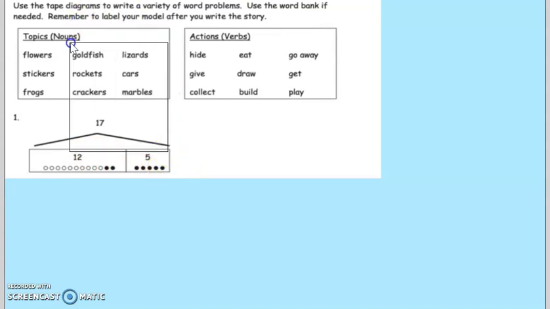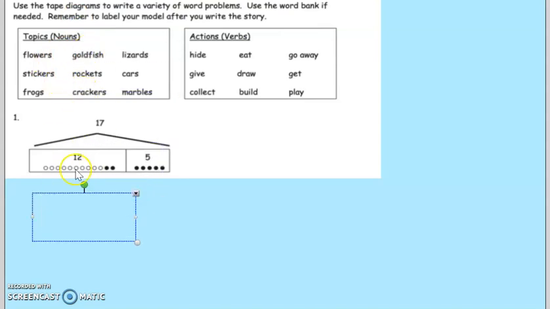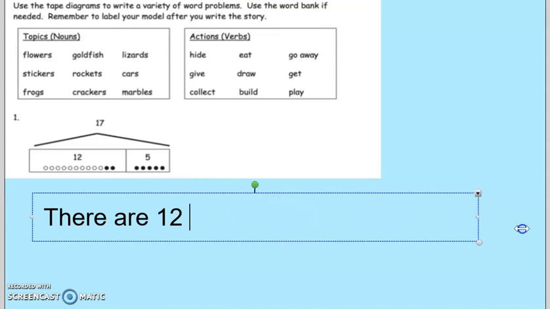I'm going to choose a topic from up here where it says topics. Let's say goldfish, okay? I'm going to say there are 12, let's make this bigger.